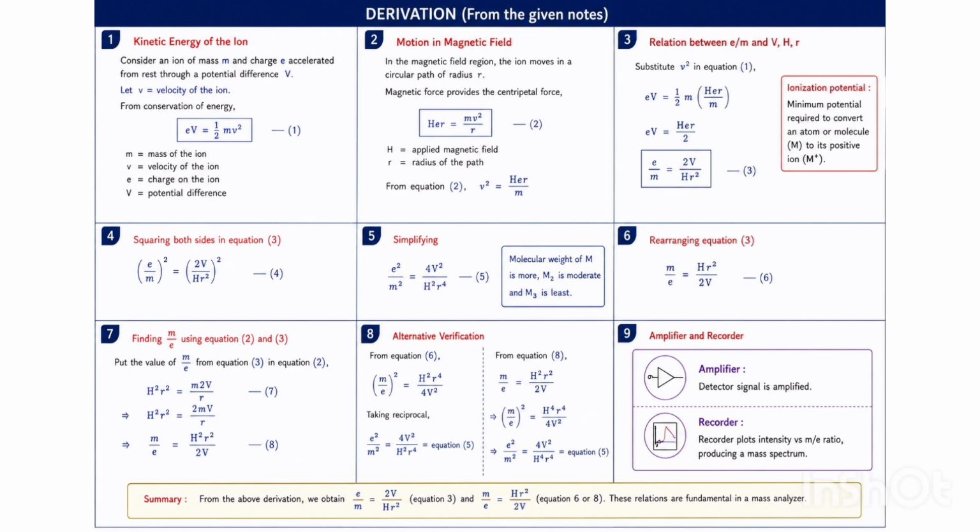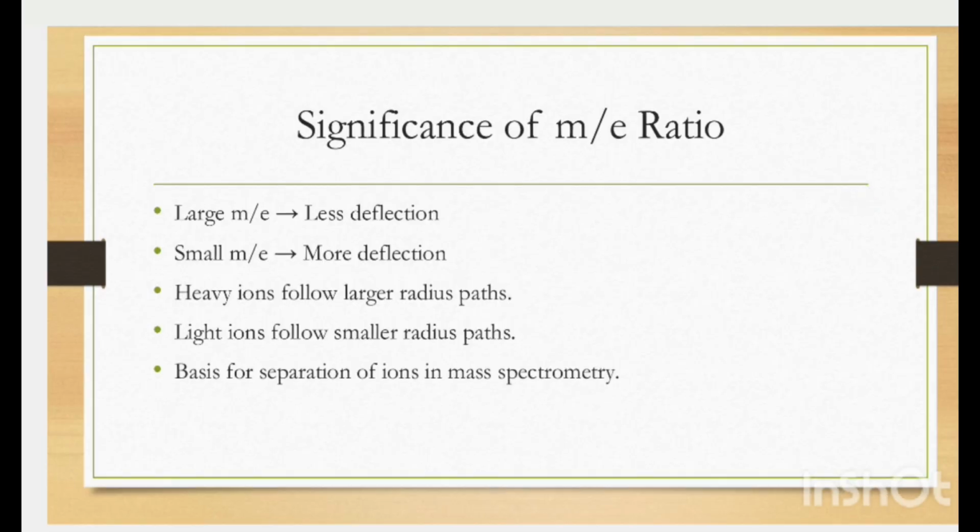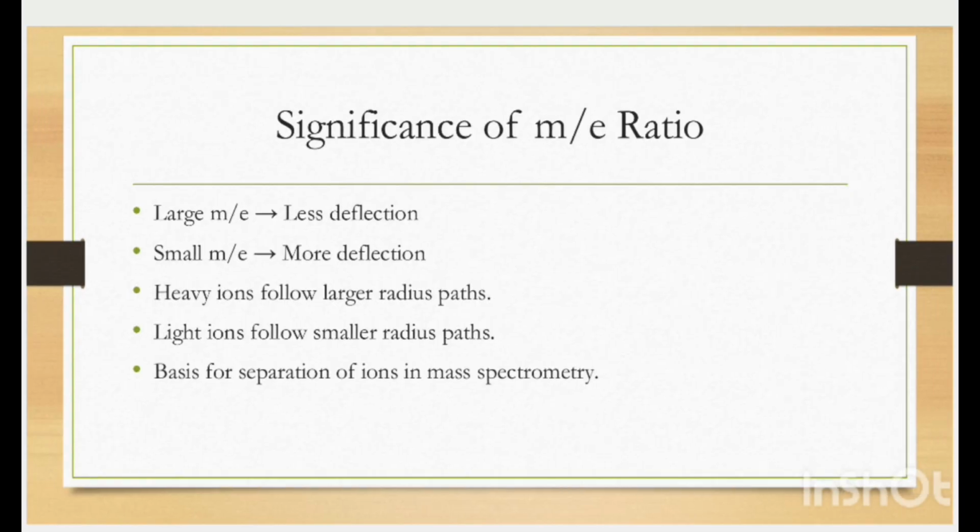Squaring both sides, we get B²e² = m²v²/r². Substituting m²v² = 2eVm, we obtain m/e = B²r²/2V. This equation shows that the mass to charge ratio depends on the magnetic field strength, radius of ion path and accelerating voltage.